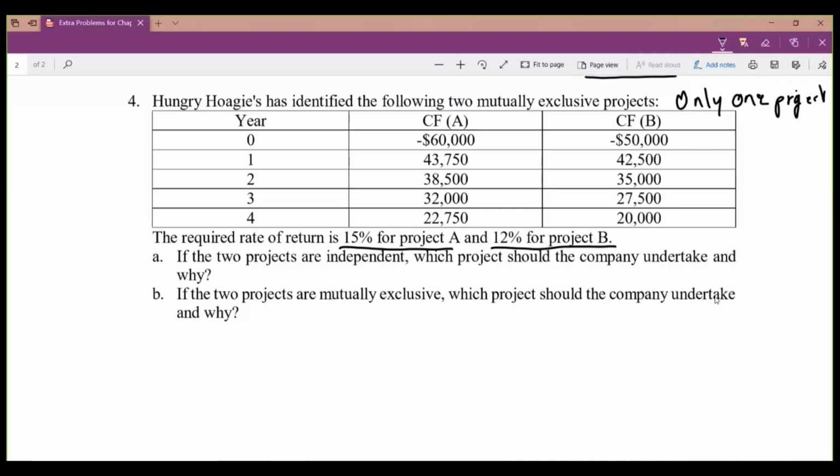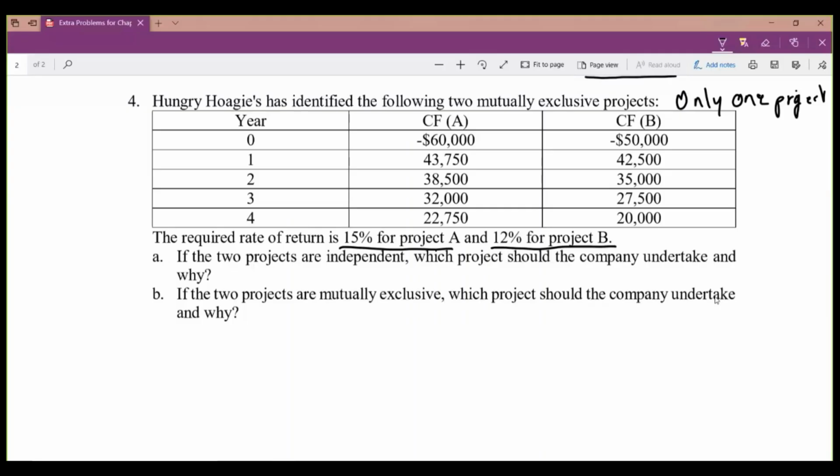Now, most of the time when you are facing 2 or 3 different projects, let's say, the discount rate may be the same for the 2 or the 3 different projects.